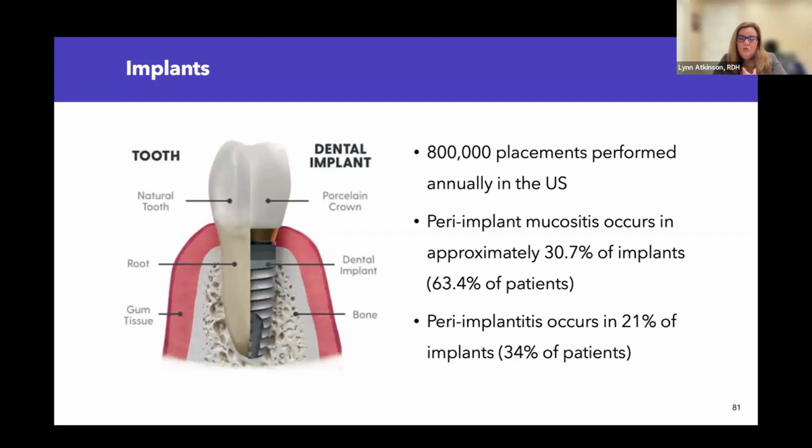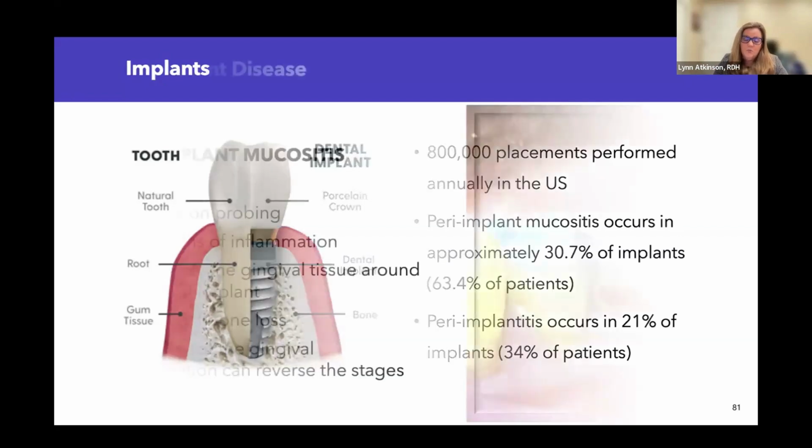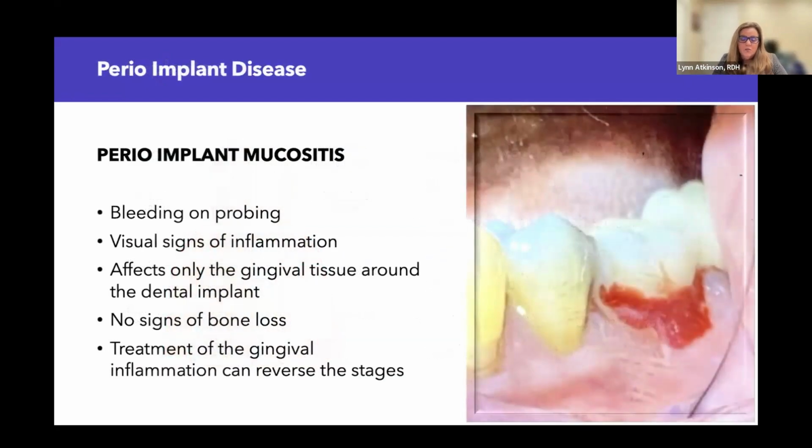Now, we can treat perio-implant mucositis as a hygienist. But when we move into this perioimplantitis, which occurs in 21% of implants, 34% of our patients, that is beyond our scope of practice. So we need to catch it at this very early phase and do all this preventative treatment. So periomucositis is bleeding on probing. There's visual signs of inflammation.